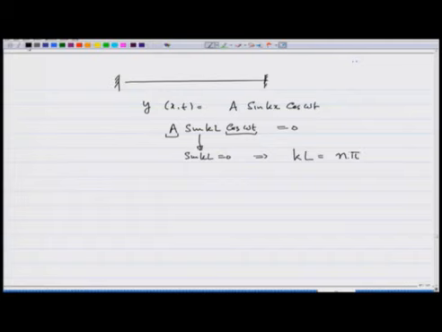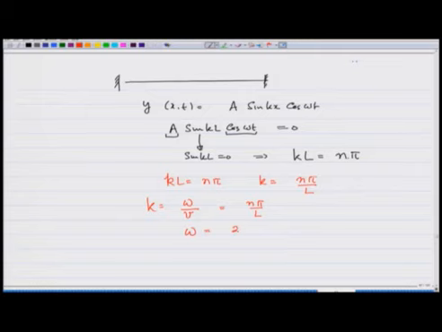And therefore, k equals n pi over L. Now, k we have said earlier is omega over the speed of waves, and this should be equal to n pi over L. So, omega is 2 pi times the frequency of oscillation, and therefore, I have 2 pi times the frequency over V equal to n pi over L. Pi cancels from both sides, and the frequencies that I get then, nu, is going to be equal to n times V over 2L.